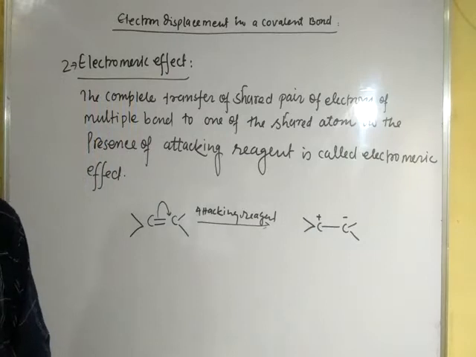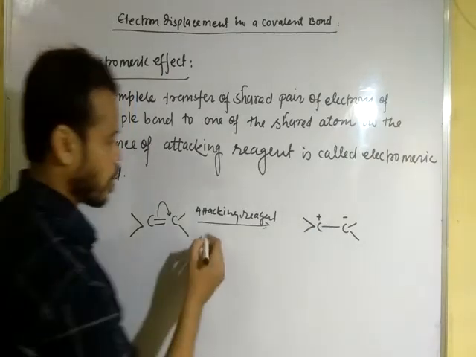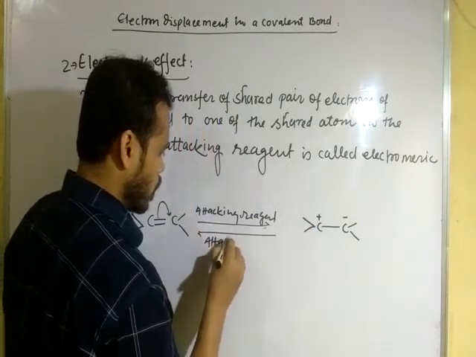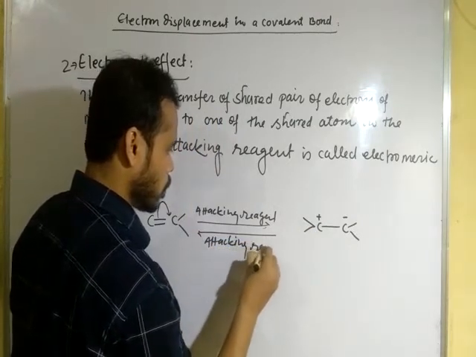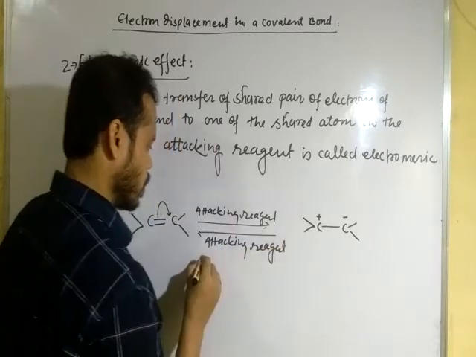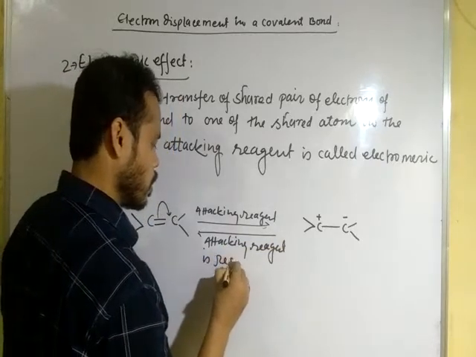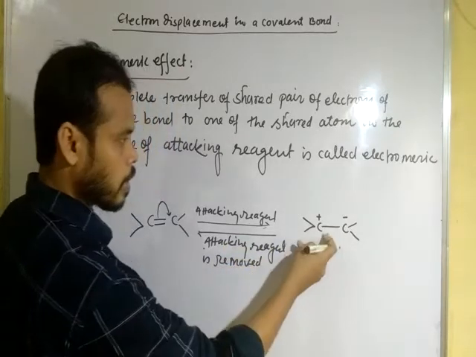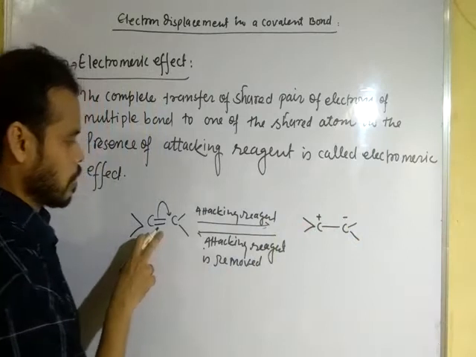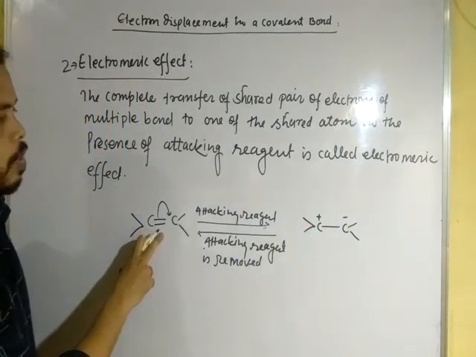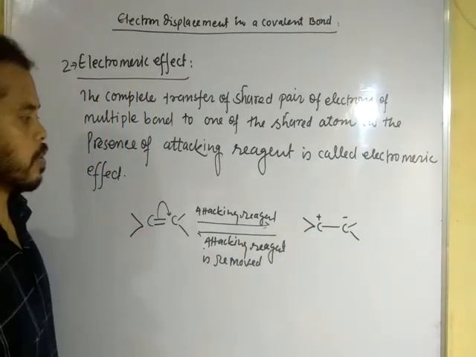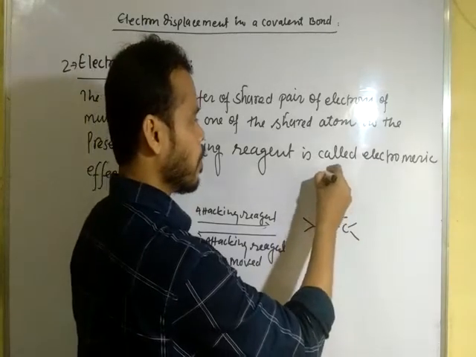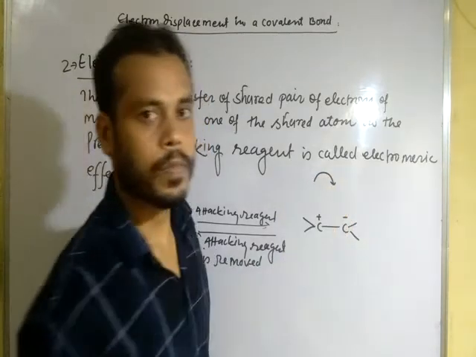As soon as the attacking reagent is removed, the electrons return back to their original position. The electromeric effect is denoted by a curved arrow like this.